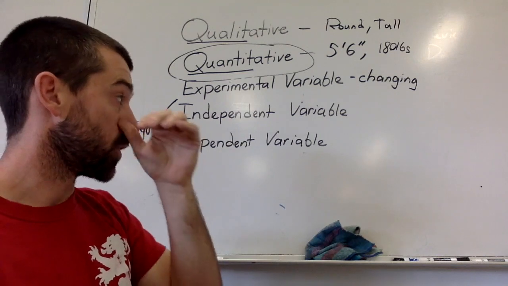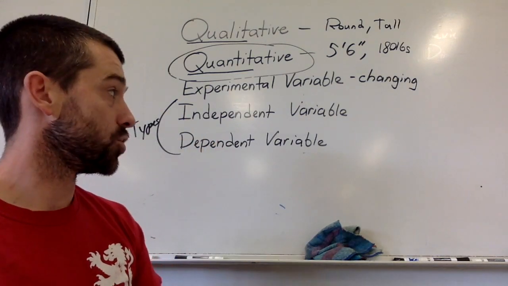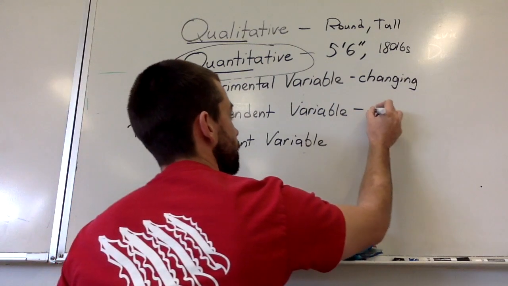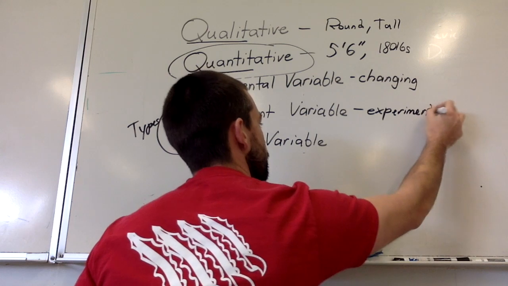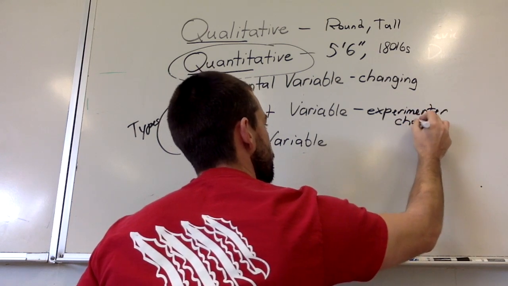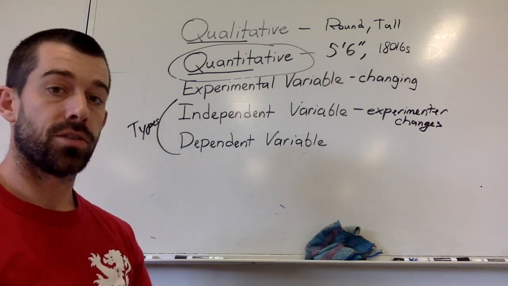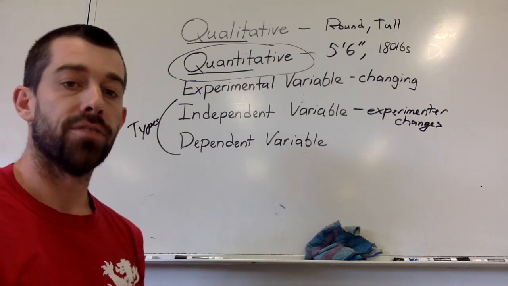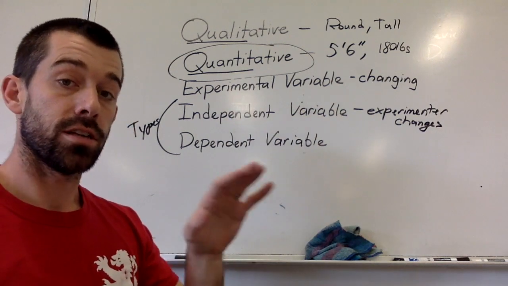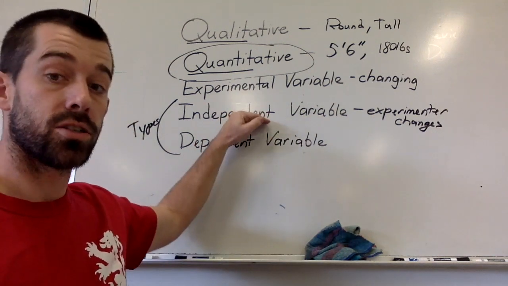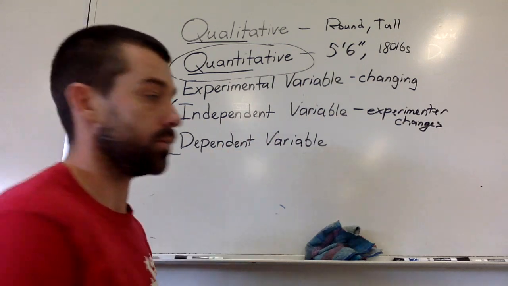Now, of those things that are changing, we break them into two different groups, independent and dependent. Independent variables are things that the experimenter will directly change and can directly control. That is sort of the cause of other changes in the experiment. The other changes, the things that change as a response to the independent variable, would be the dependent variable.